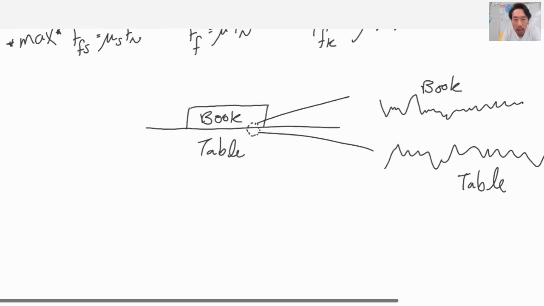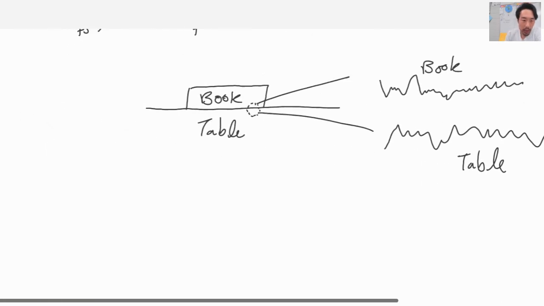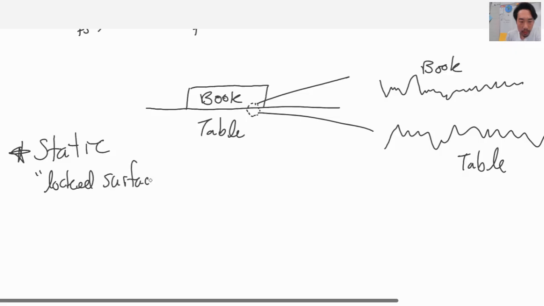So if we were to do a quick conceptual check, for static, there are locked surfaces. They're locked into place like that, and they do not move.